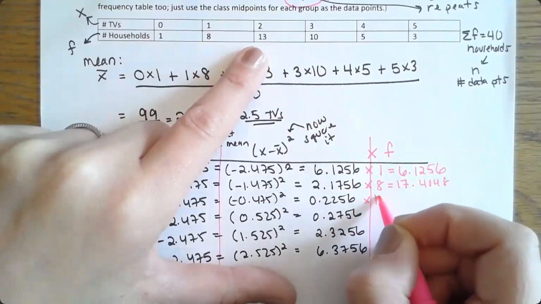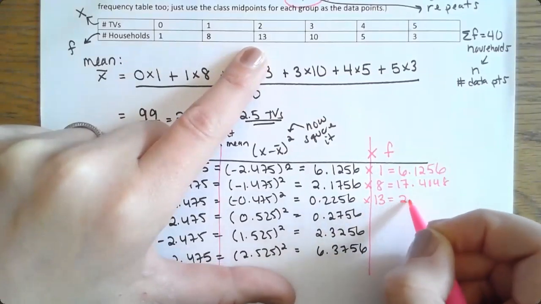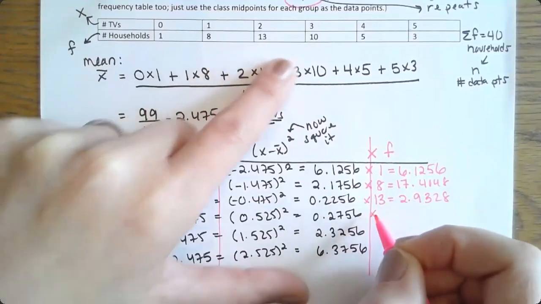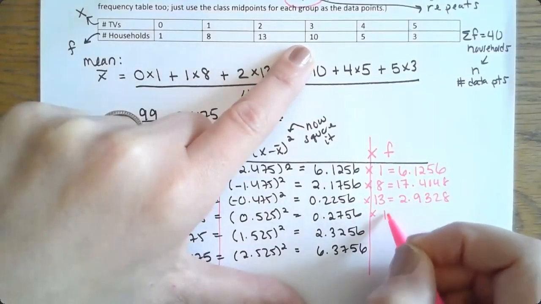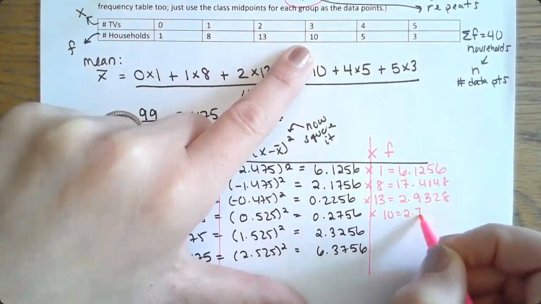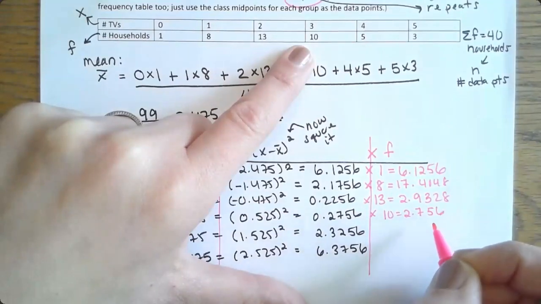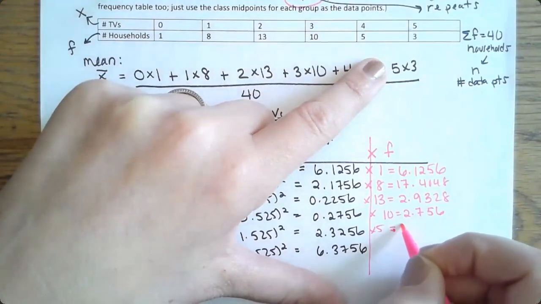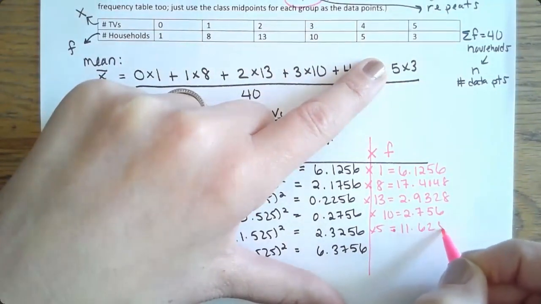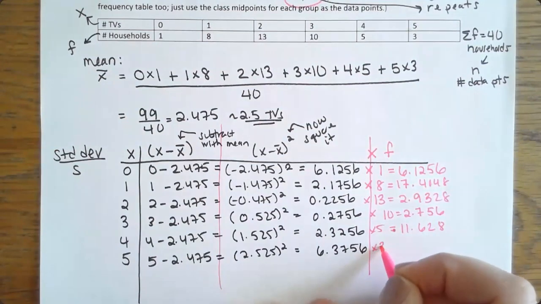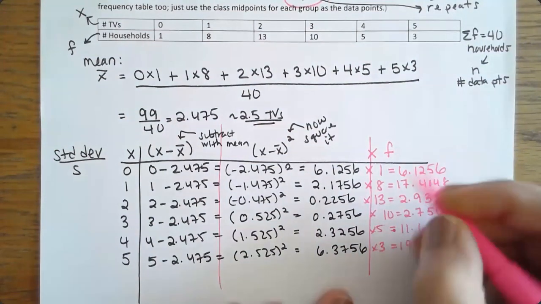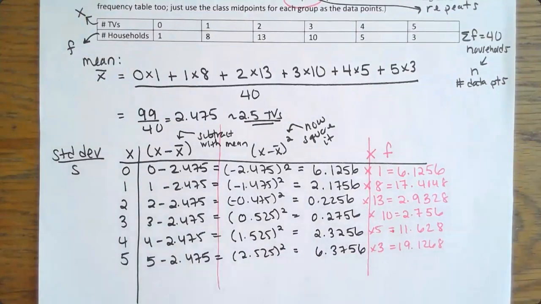The next one you're multiplying by 13, which is 2.9328. The next one we're multiplying by 10, so 2.756. The next one by 5, which is 11.628. And finally, the last one is by 3, which is 19.1268.